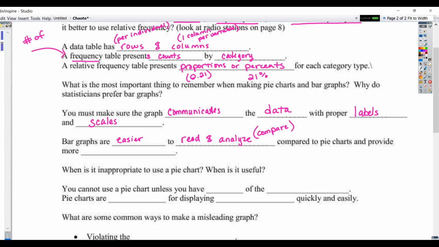Comparisons are a little bit easier to make. They provide more information. And as you do some of your homework problems, you'll begin to understand that. So when is it inappropriate to use a pie chart? When is it useful? You cannot use a pie chart unless you have 100% of the distribution.